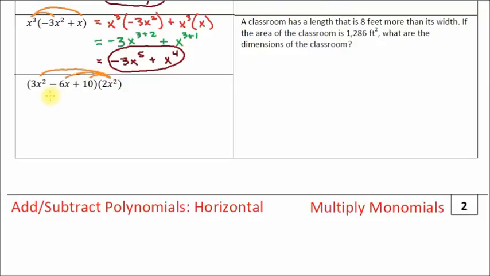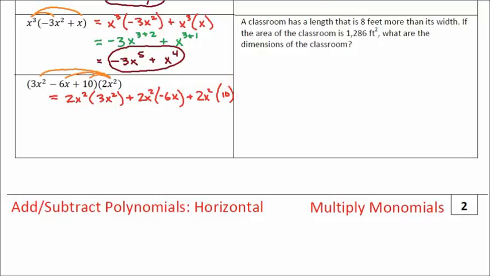So let's go ahead and write that out. This equals 2x squared times 3x squared plus 2x squared times negative 6x plus 2x squared times 10.